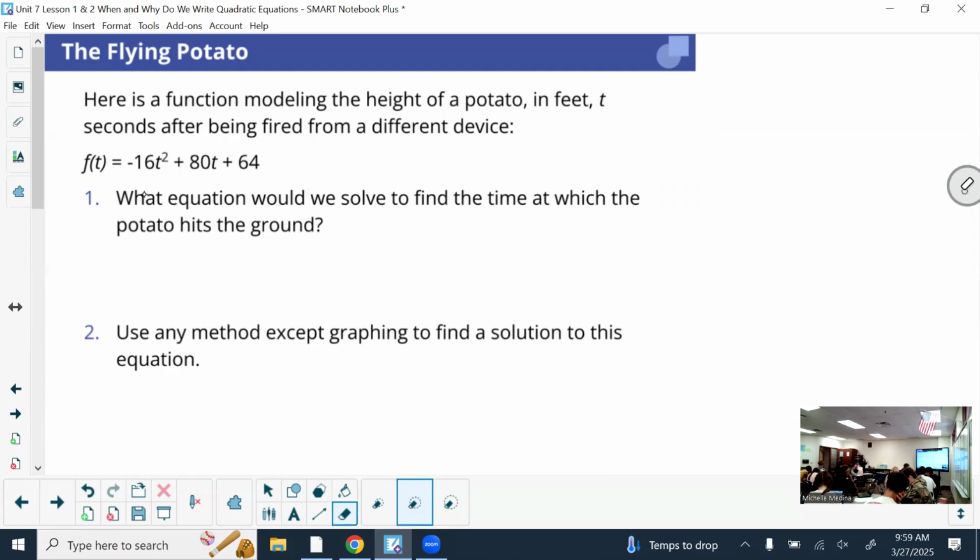If I were to write an equation, so here's the given equation, I have function notation, remember how that works. What would I need to write in order to solve for when it hits the ground? Asking all of you, so raise your hand when you think you know.